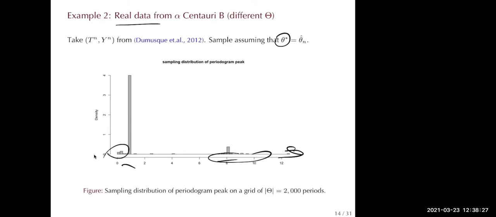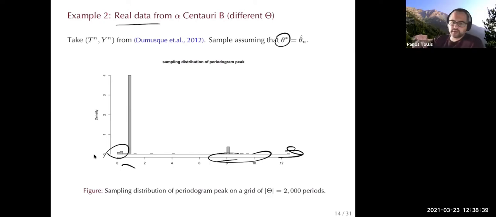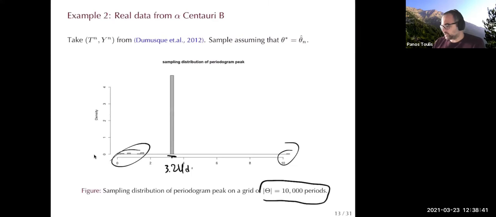Can I ask a question? Sure. If you increase the resolution of this histogram, would these bars turn into very narrow, normal-looking bumps? No. Here, I think this is an example where the sample distribution has stabilized, but the normality, the smoothness does not depend on these values.